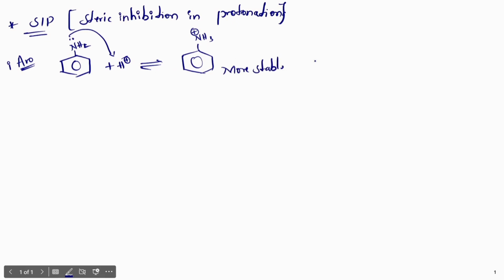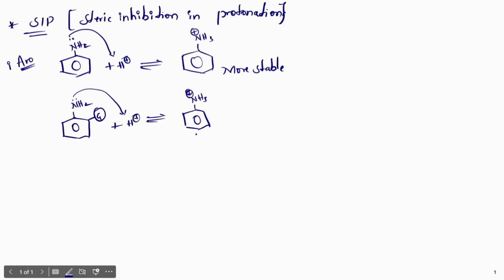Consider again a benzene ring to which an NH2 group is attached, and at the ortho position there is some group attached. In the presence of H plus, the lone pair of electrons again attacks the H plus, giving NH3 plus, and here at the ortho position G is attached.